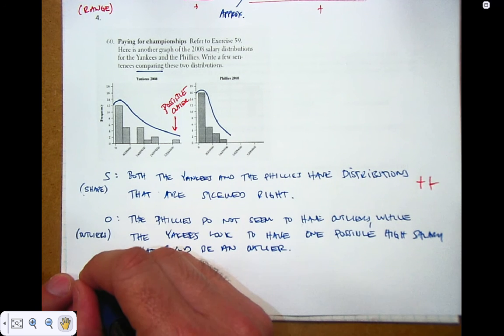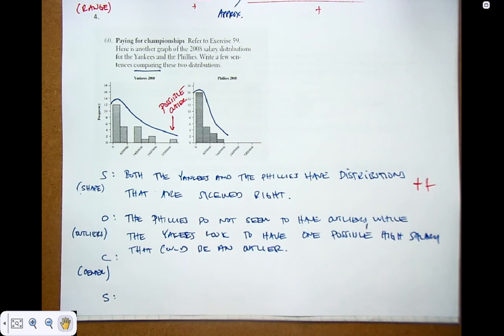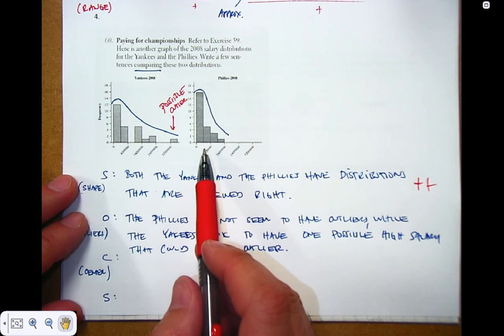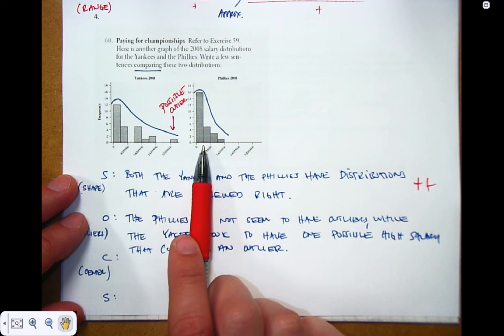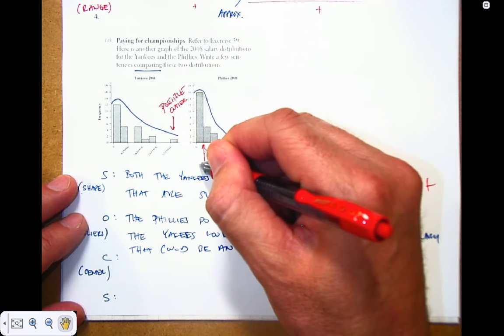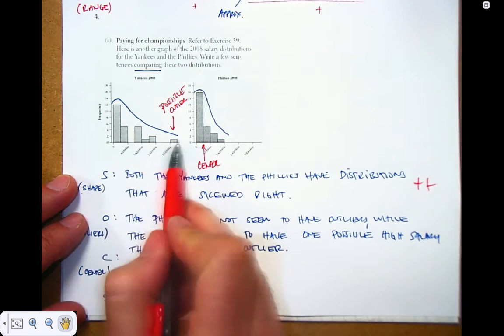All right, the third one here is center. And we're just going to approximate, right? And so when you approximate centers, right, you're trying to find, I mean, think about like a balance point, right? If you were going to balance this thing, right, on the tip of my pen, it seems like the center here, because there's so many over here, this could be the center here. And over here, it's more spread out, right?